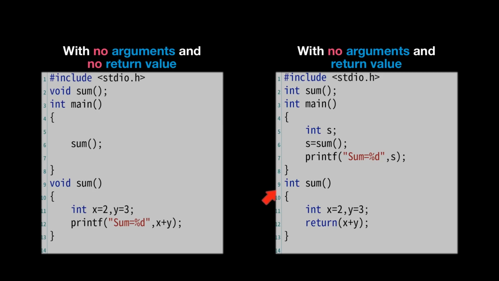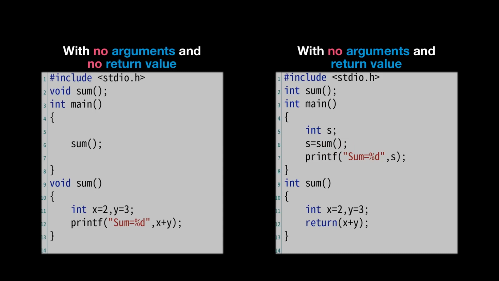The data type of the return value should be specified in the function header as well as in the function declaration. Here the value which gets returned is an integer, so we provide int in both the function header and in the function declaration. Also, since a value is returned, we should store this value in some variable. Here it is s, using an assignment operation.